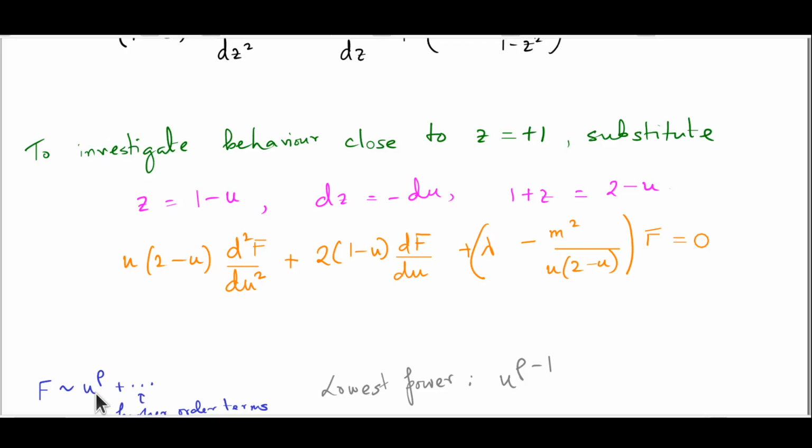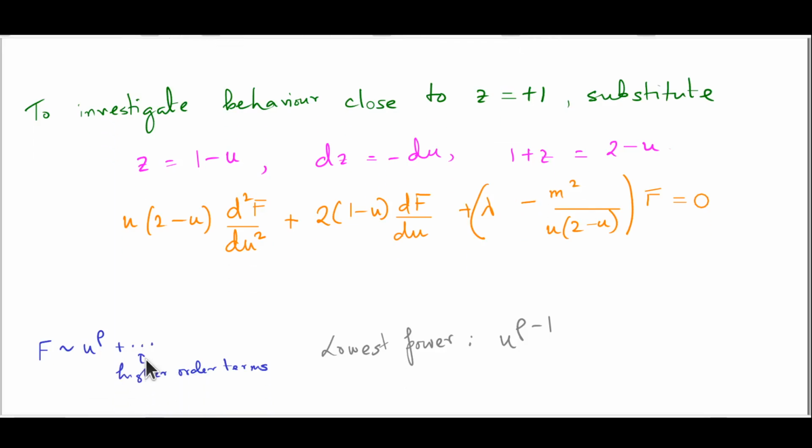All I need to work out is what happens very, very close to u equal to 0, and there the lowest power will dominate. Lowest power here means the largest negative power, if the power is negative at all. So even if only positive powers were there in the solution, the lowest power of u will be the largest when u is close to 0.